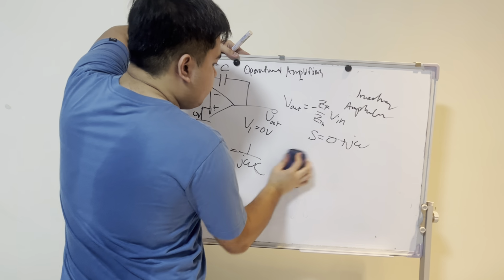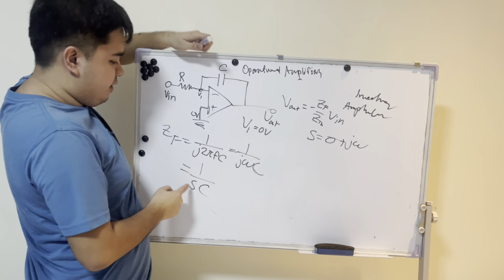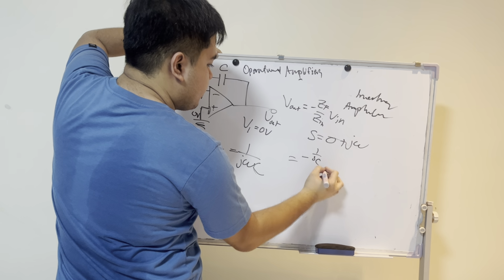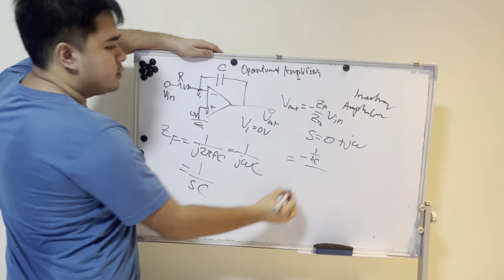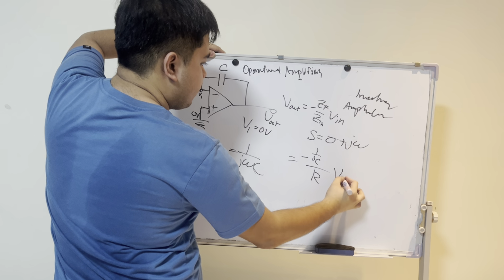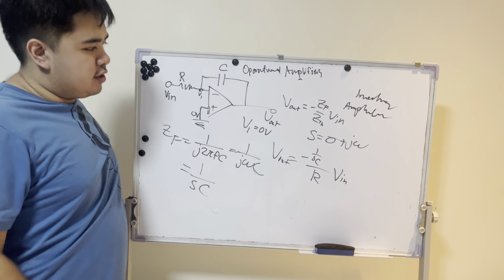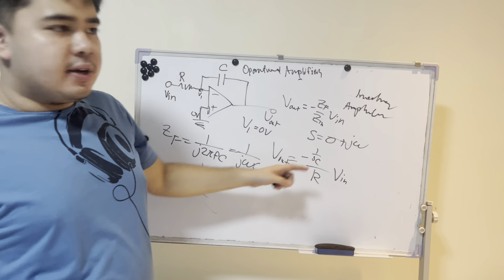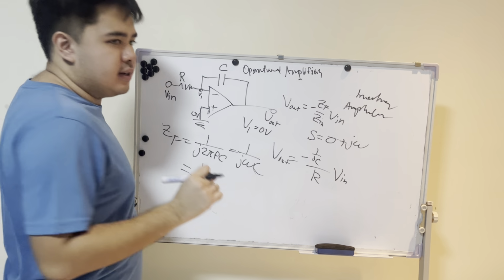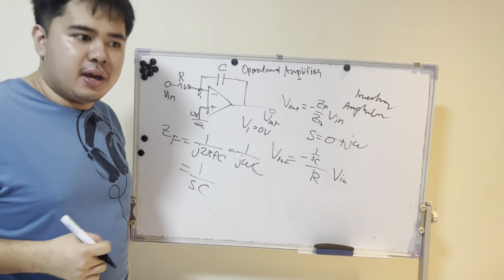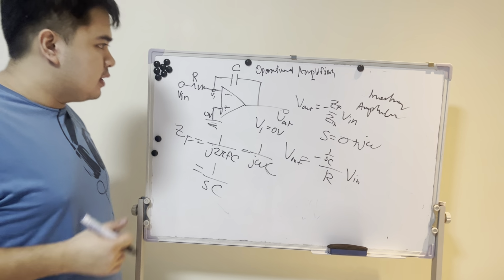So now, what is the gain? ZF is 1 over SC over Z in, which is R. The consequence of putting it in S is that this is now in the frequency domain, or the complex frequency domain, as described by the Laplace transform.